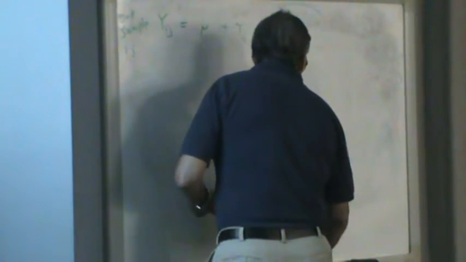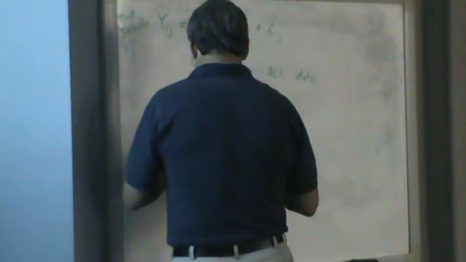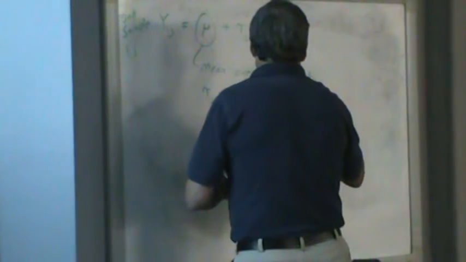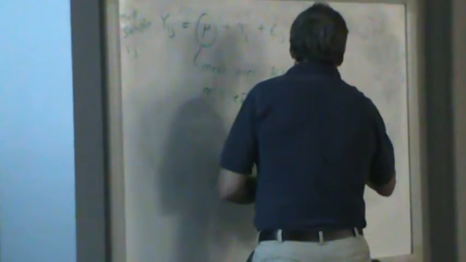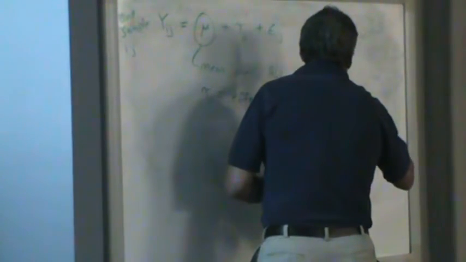So let's think about it. This here would be the mean over all of the data. And then tau j is the effect on this one data point, Yij, due to the j treatment.